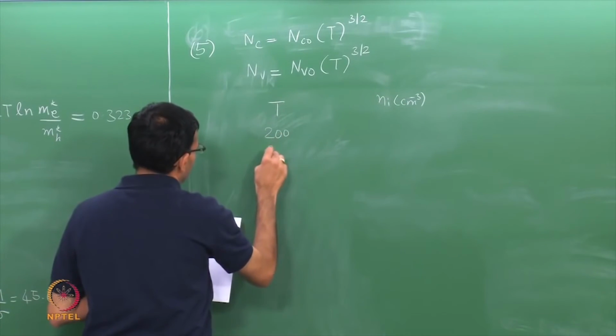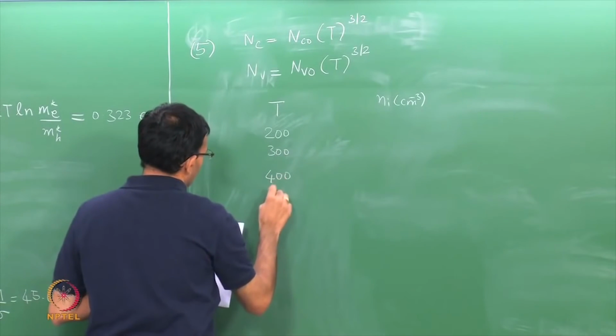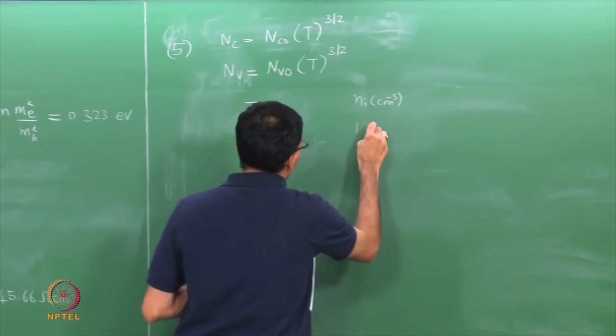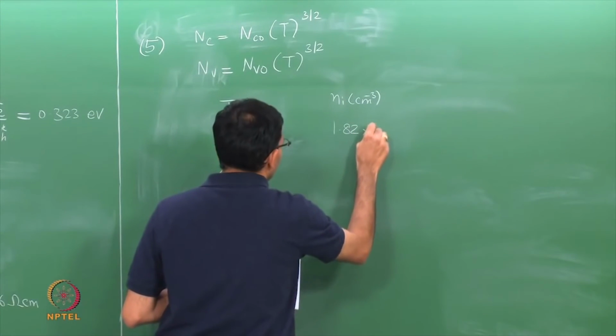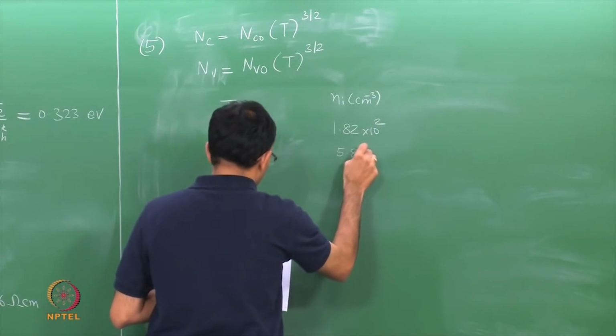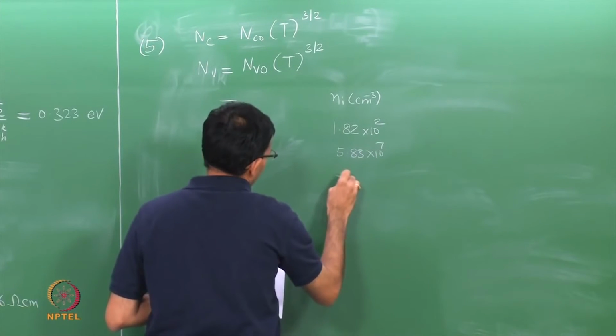So, 200, 300, 400 and 500. The values of Ni (10 to the 7).